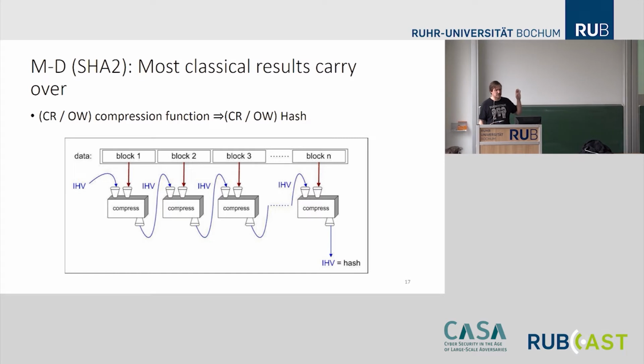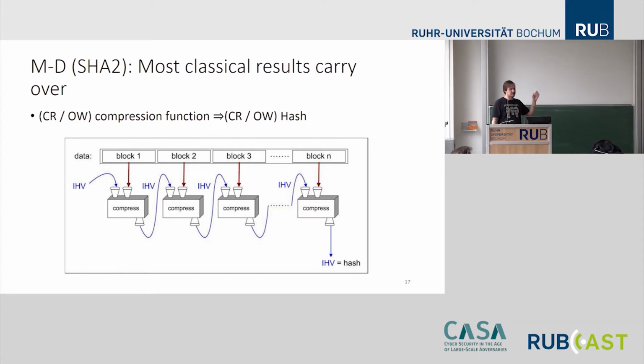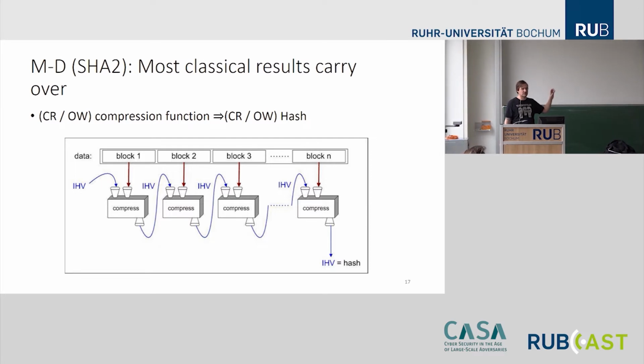So we've got proofs for collision resistance, one-wayness, even something called collapsingness, which is kind of a quantum version of collision resistance, which I will not go into detail today. And all these proofs you can also do in the post-quantum setting.